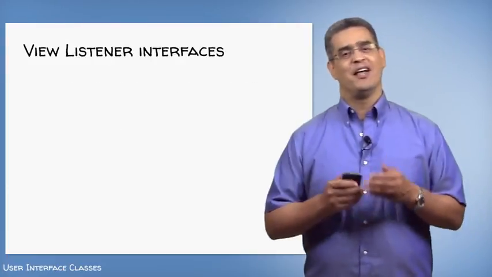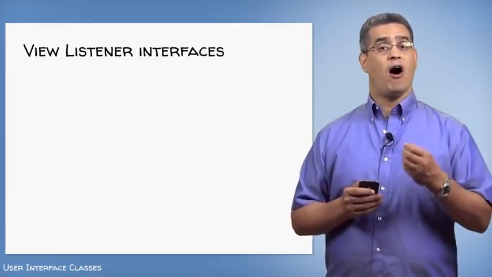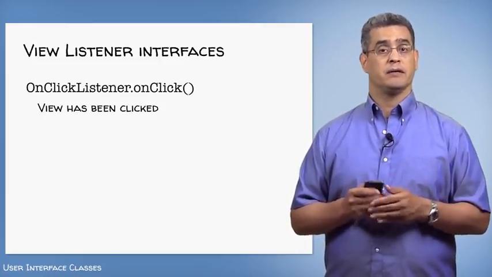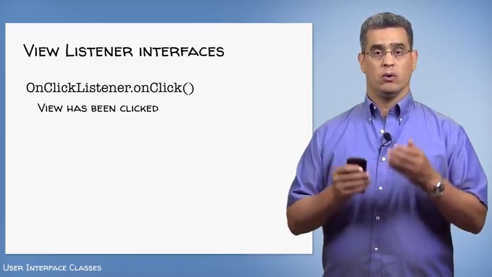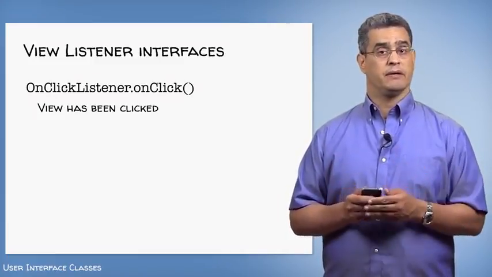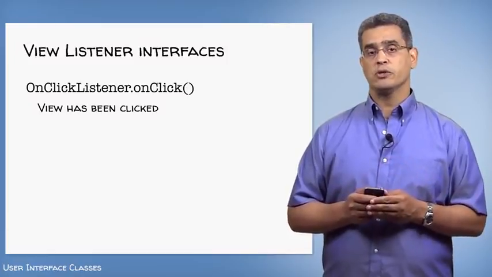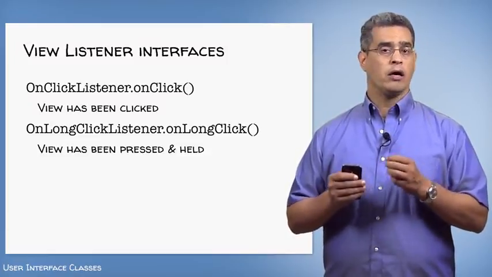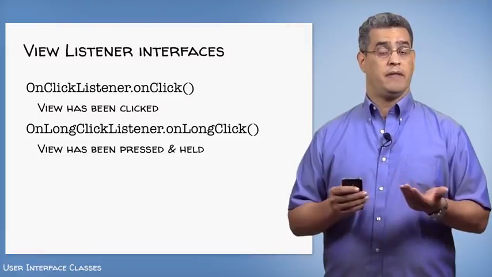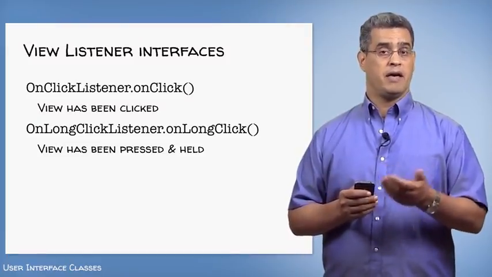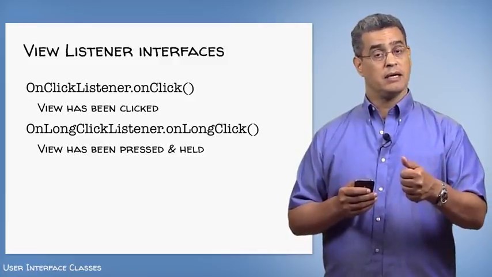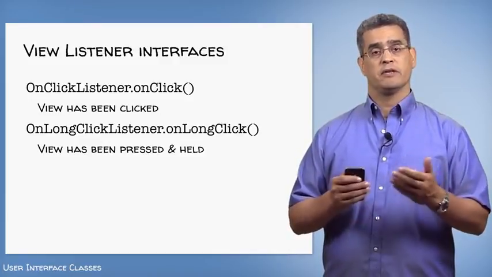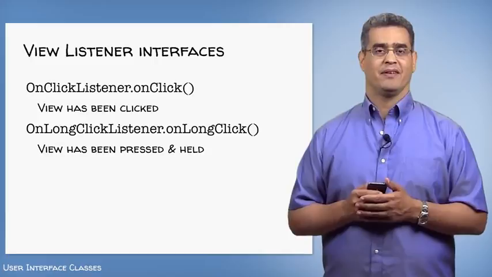For example, the view class defines an onClick listener interface that has an onClick method. This method is called whenever a view has been clicked. The view class also defines the onLongClick listener, and that has an onLongClick method. And this method is called whenever a view is pressed and held pressed for a specific period of time.